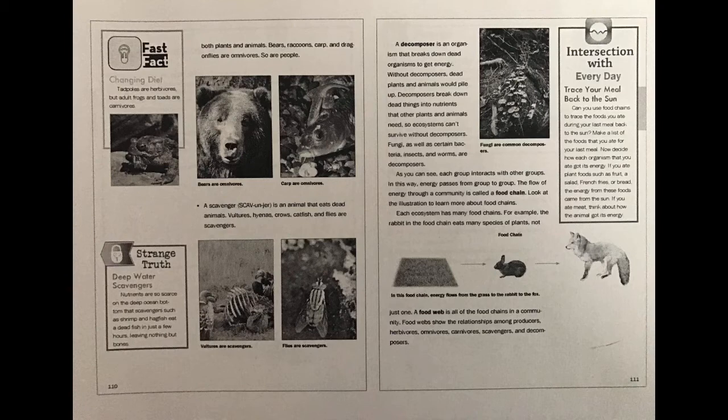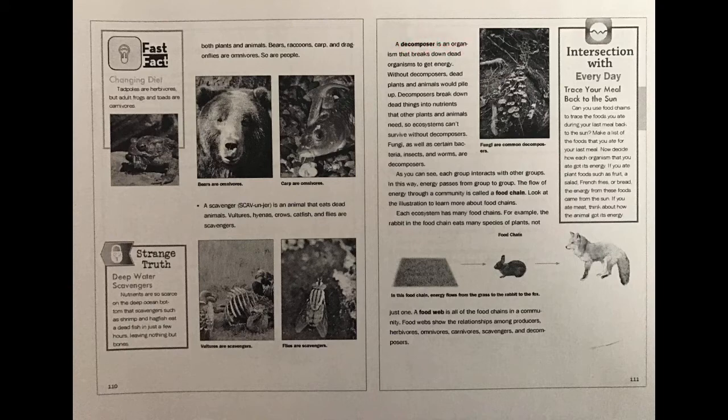So it says nutrients are so scarce on the deep ocean bottom that scavengers such as shrimp and hagfish eat a dead fish in just a few hours, leaving nothing but bones. And another one that's a scavenger, I bet you didn't know, are crabs. Yep. All right, so let's move to the next page, page 111. We're going to talk about decomposers.